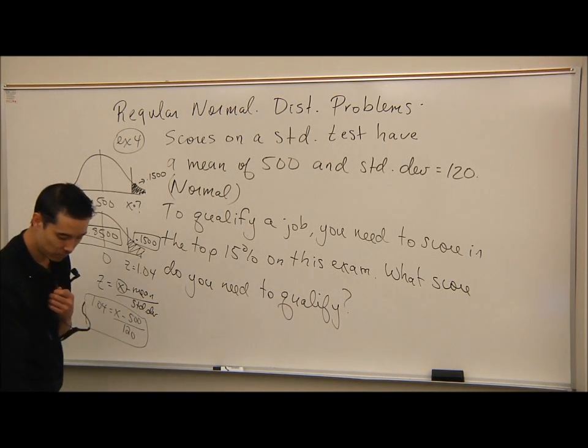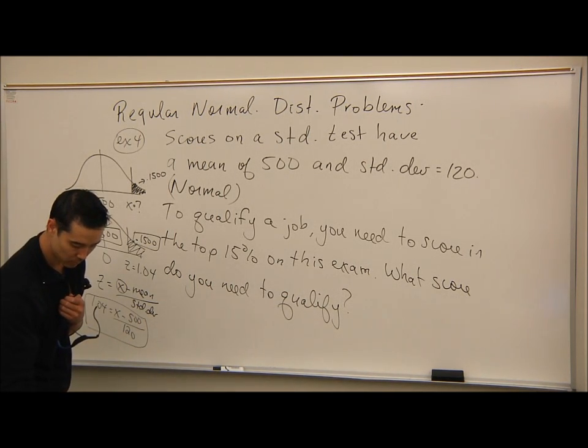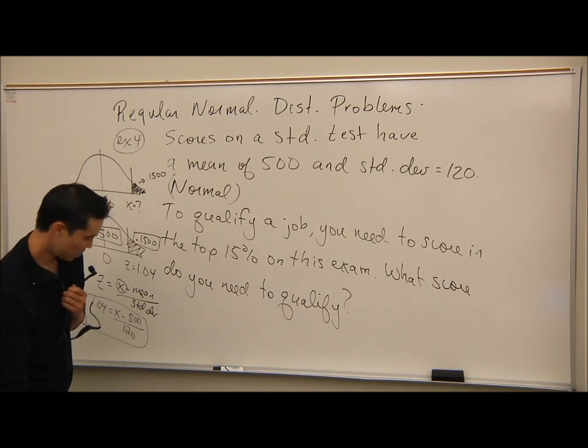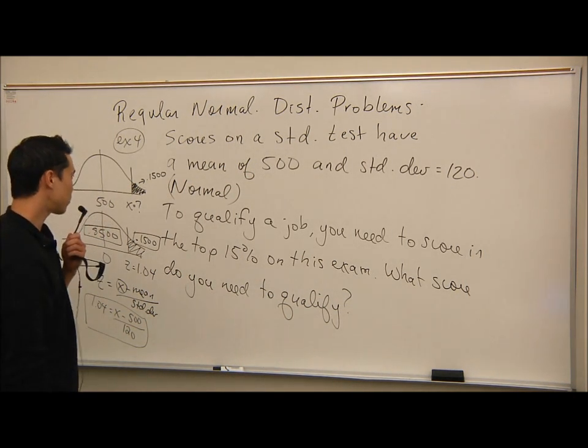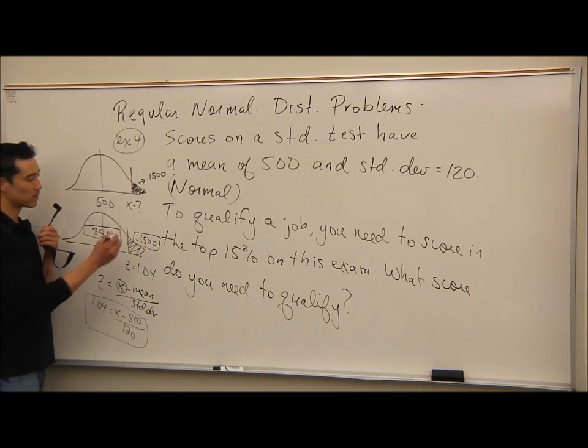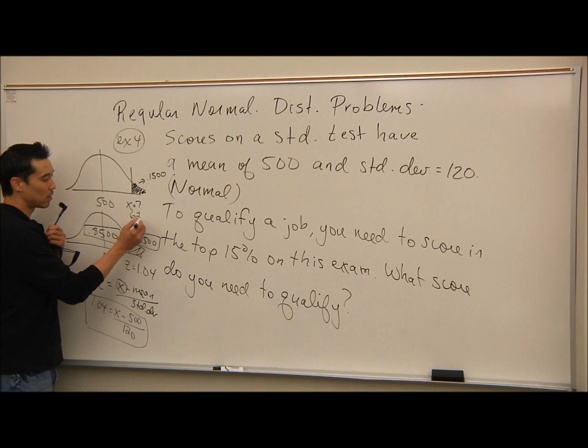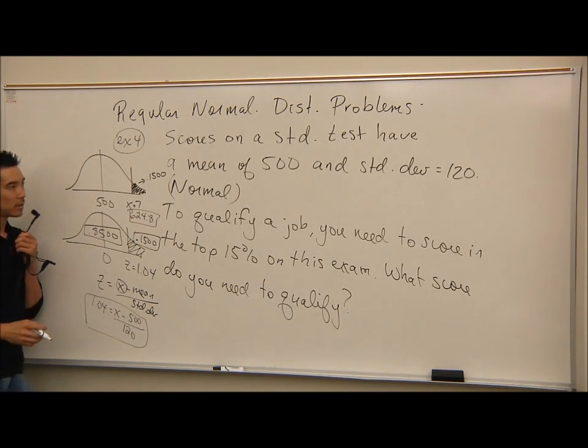So let's see, 1.04 times 120 plus 500, you get about 624.8. Did everybody get that? 624.8? So your answer is, to qualify for this job, you need to score at least a 624.8.